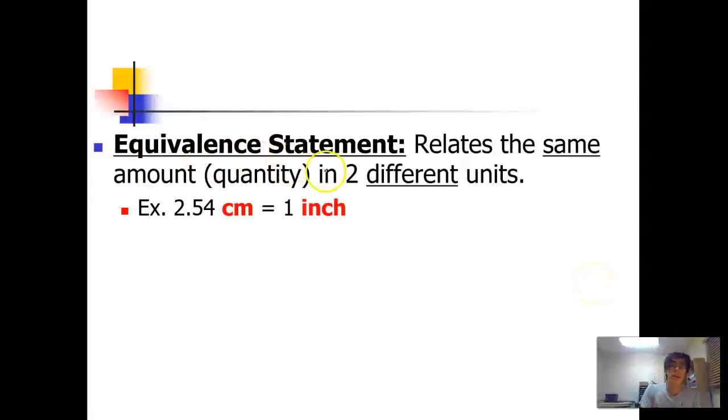There's something called an equivalent statement, right? And what that is, is that you relate the same amount in quantity in two different units. So if I have 2.54 centimeters, right? It's the same thing as 1 inch. So let's say I have my ruler, right?